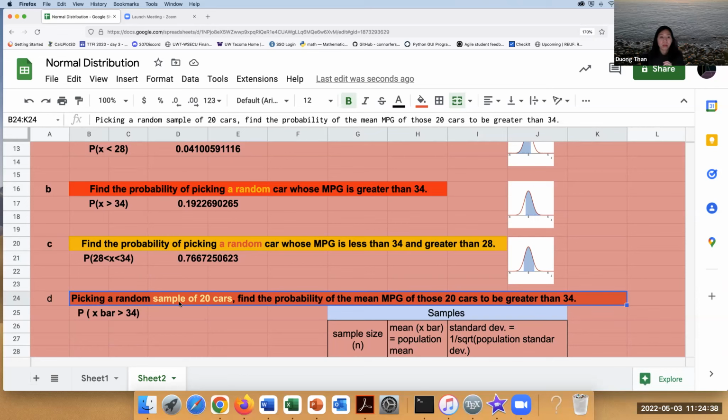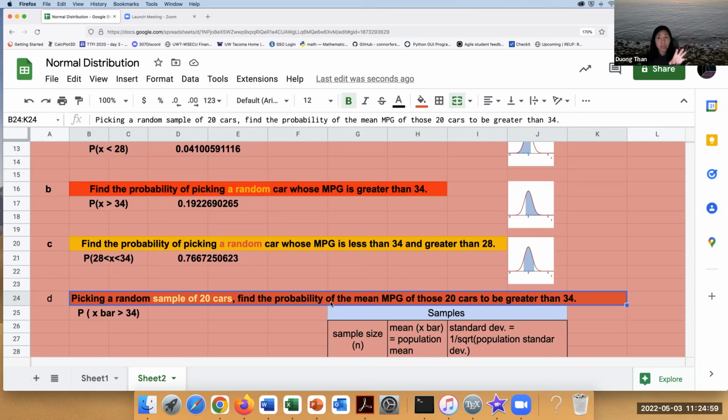So the question can be: picking a random sample of 20 cars from all the cars of this model, you find the probability that the mean of the sample will be greater than 34.